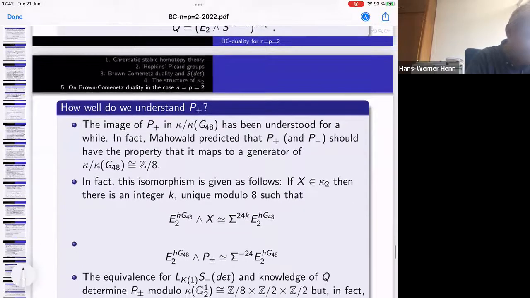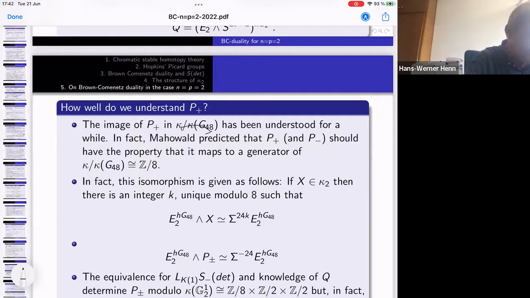And in fact, we know enough by now to say what happens for P plus and P minus. P plus and P minus differ by something which is in G48, so they will have the same image in this quotient group kappa modulo kappa G48.